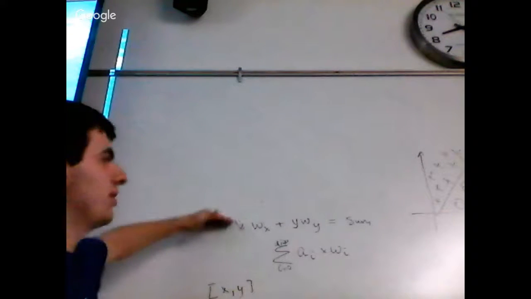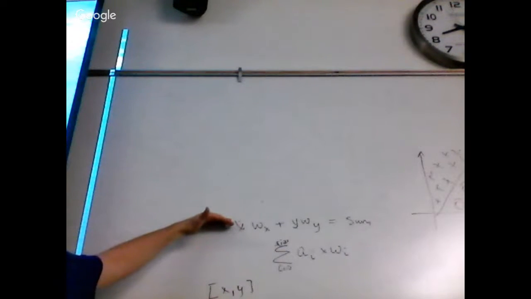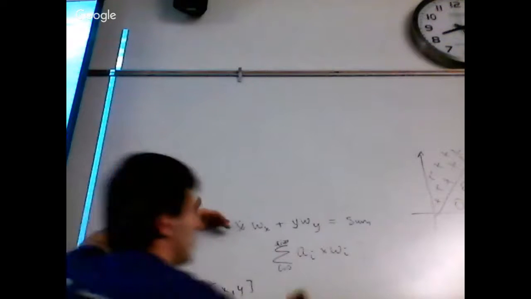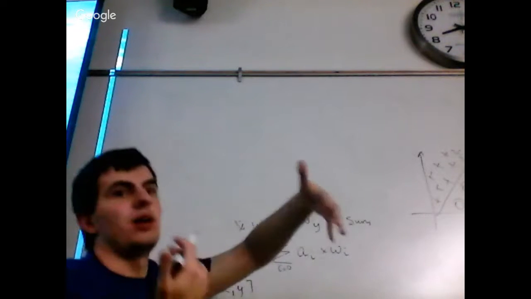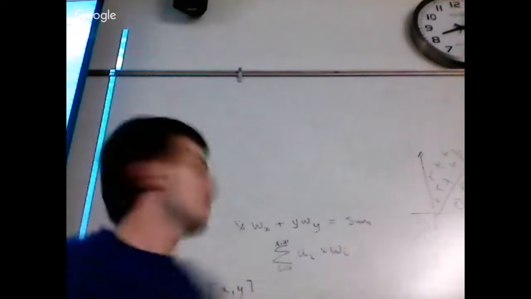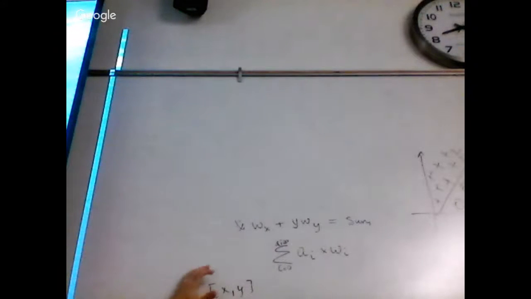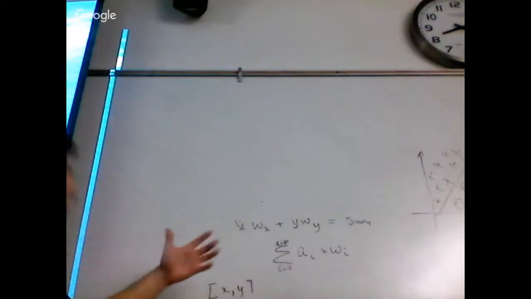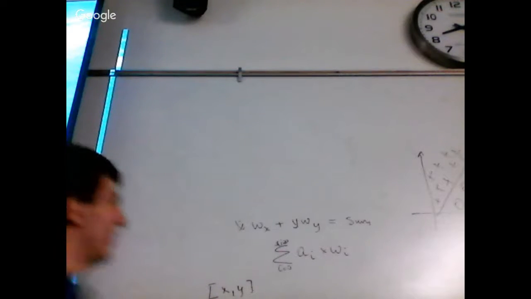This is another way of saying this, right? And yet another way of saying that is by doing matrix multiplication. So you're going to have this matrix, vector, array, tuple, whatever you want to use, times this.